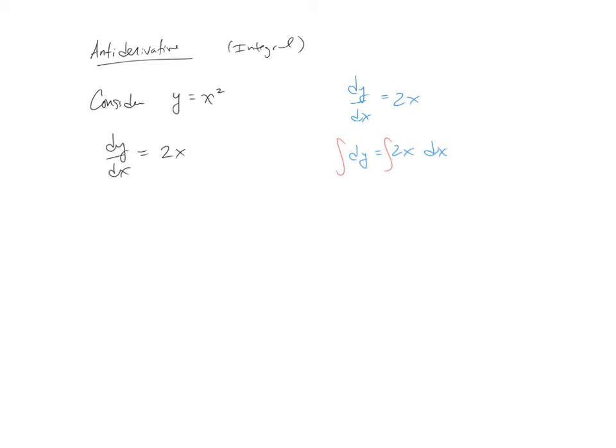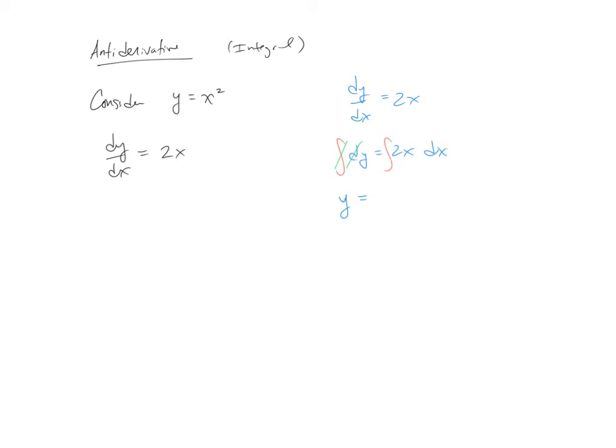So these two things operating on each other essentially cancel each other out. So on the left, all we have is this y that's left over. Now on the right-hand side, we're going to have to actually take the antiderivative or integrate this thing here.